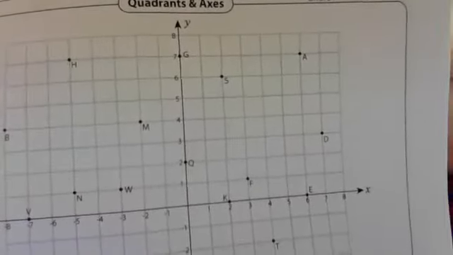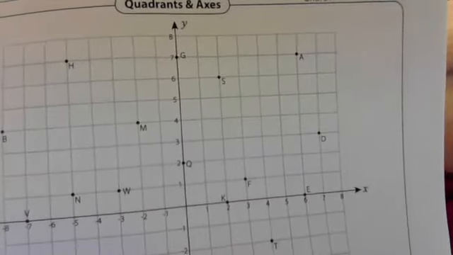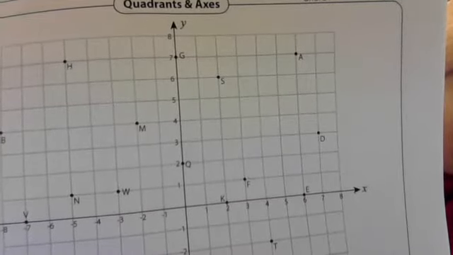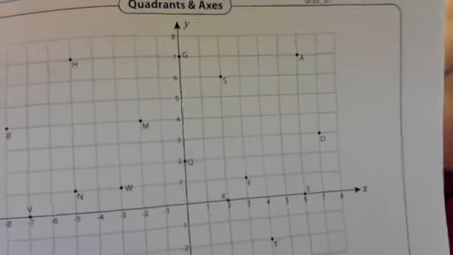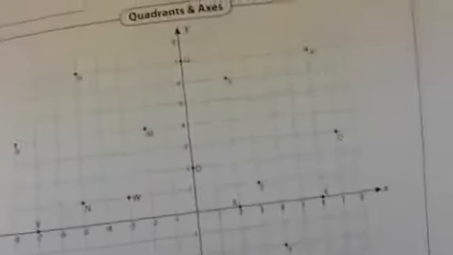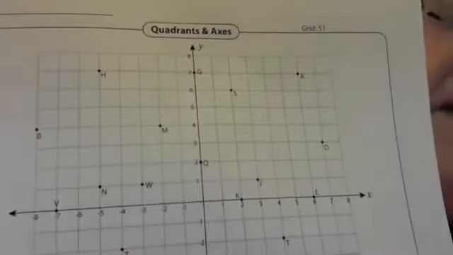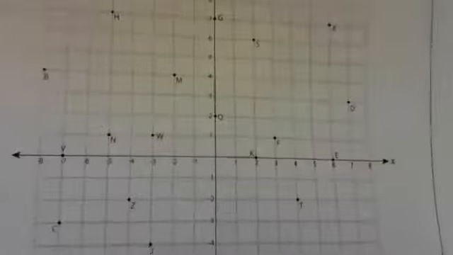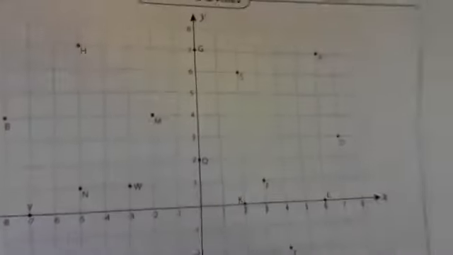It's going to be A, D. D is right. E. Actually, now that is something that I need to clarify also. That is on an axis.